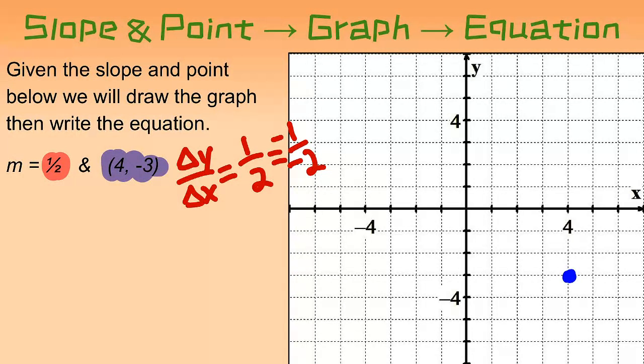So 1 over 2 would say go up 1 to the right 2, and there's a point. Or we could say go down 1 and to the left 2, and there's another point. And then we can just follow that same pattern. Down 1 to the left 2, down 1 to the left 2. And there is our line.